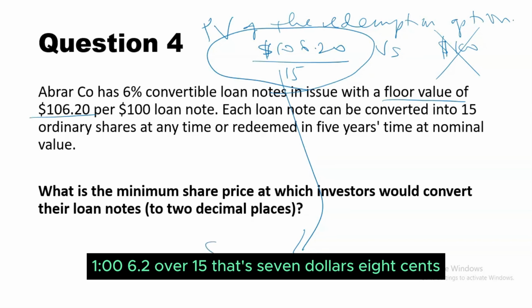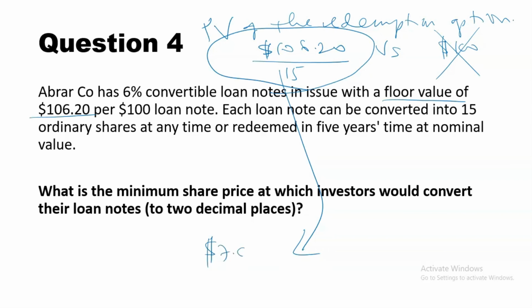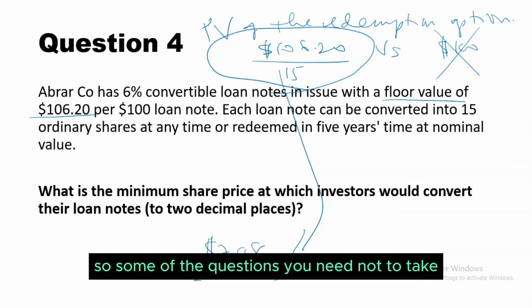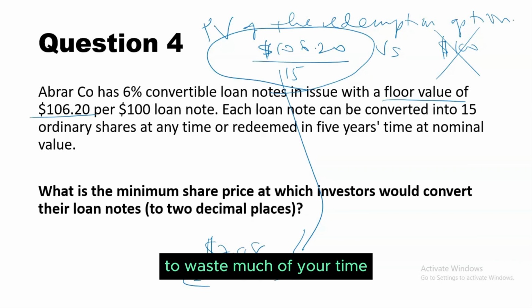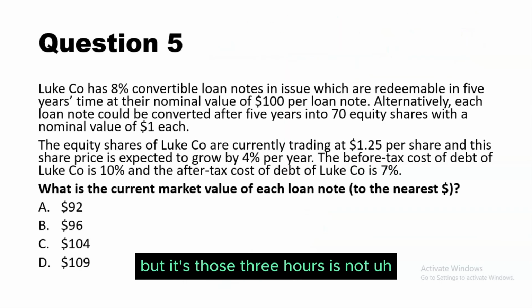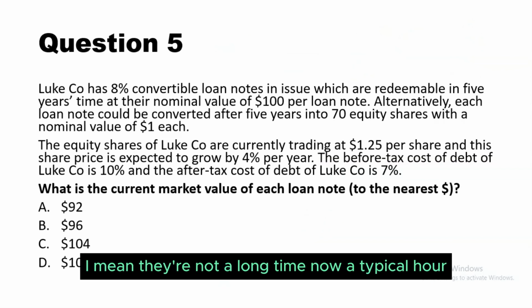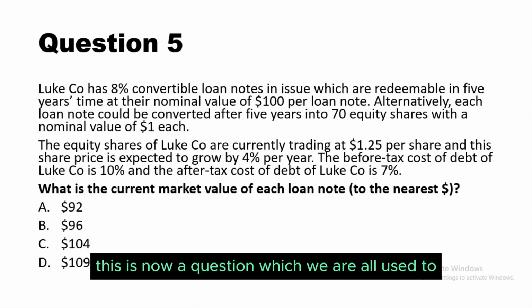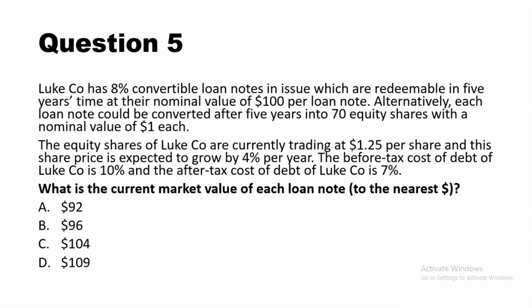That's $7.08. So some of the questions you need not waste much of your time. Remember, the examination is 3 hours, but those 3 hours are not a long time. Now, a typical one. This is now a question which we are all used to.